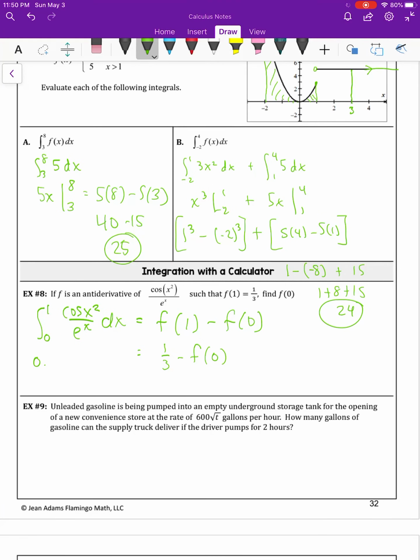So I'm going to go back to our notes here. I just wanted to show you how I did that. And so here I got 0.59005099, is what I wrote. And so then I subtracted 1/3 from both sides.